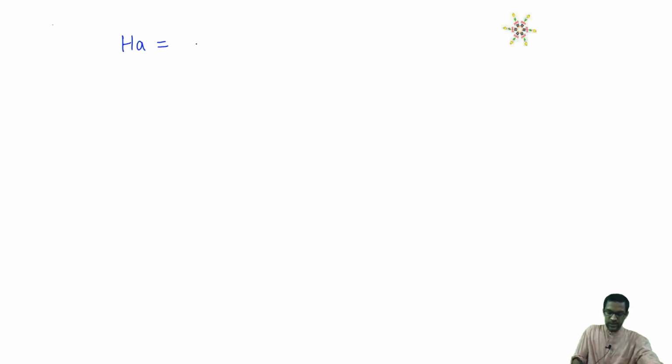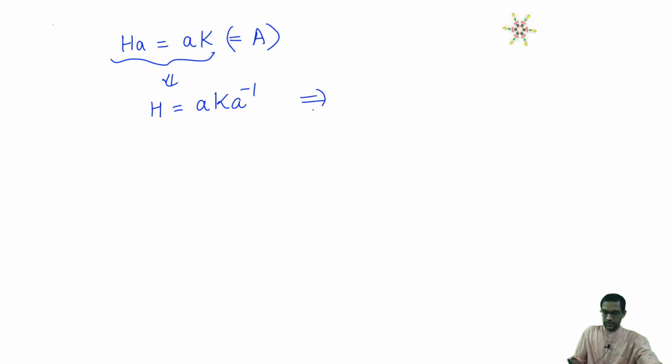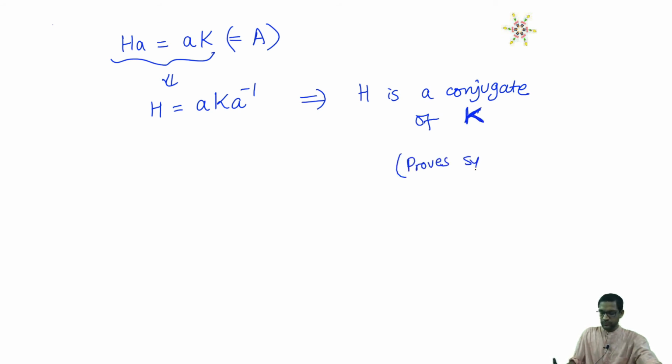This just says that H is A K A inverse. In other words, H is a conjugate of K. So this proves Sylow II.